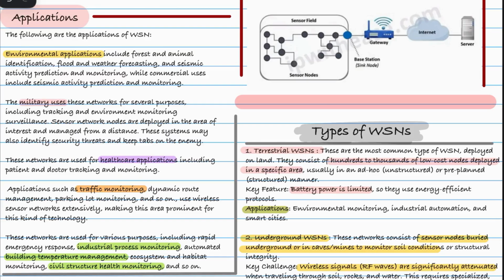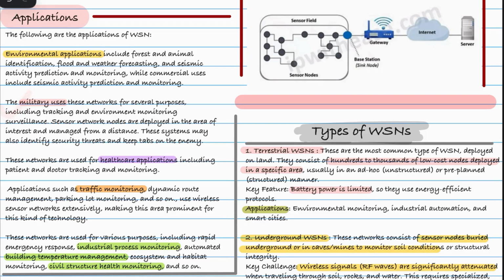So there are various applications of WSN. First is environmental application, which includes forest and animal identification. If there is any flood, or any kind of activity which needs to be monitored, it is widely used for that.